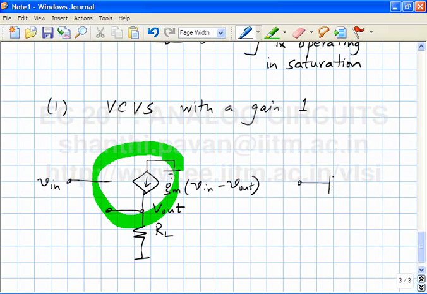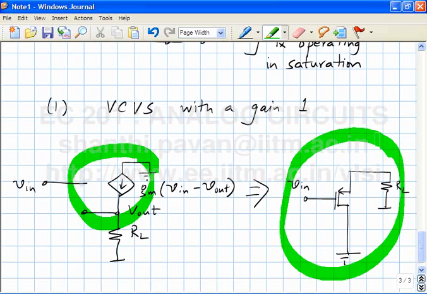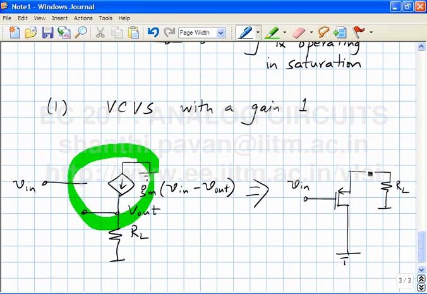V in should be the gate of the PMOS. Great. Which should be the drain of the PMOS? Incremental ground. Okay. Source of the PMOS? V out, and that's connected to the load. This should be the incremental equivalent of whatever circuit you come up with, and then you will find that the incremental gain from the input to the output here will tend to 1 when Gm tends to infinity.